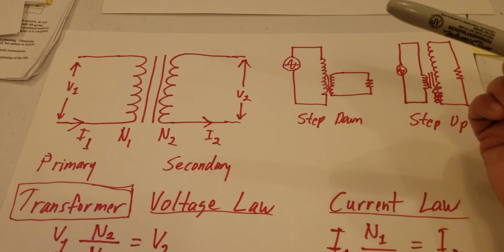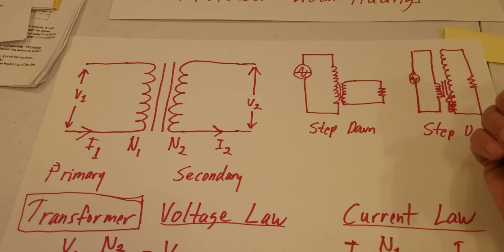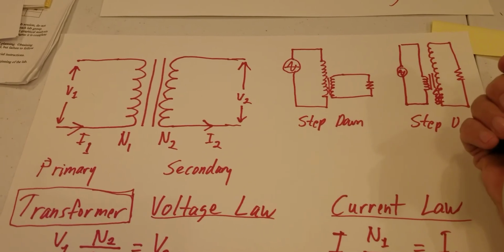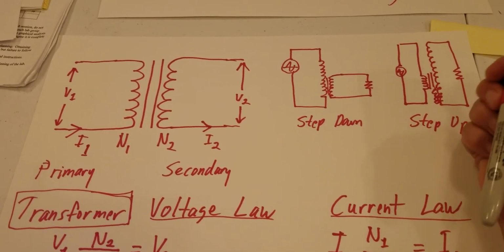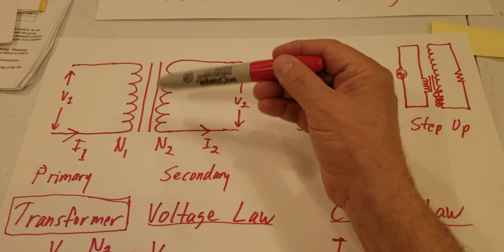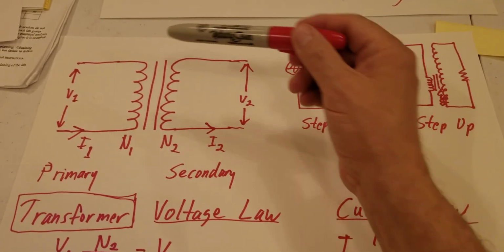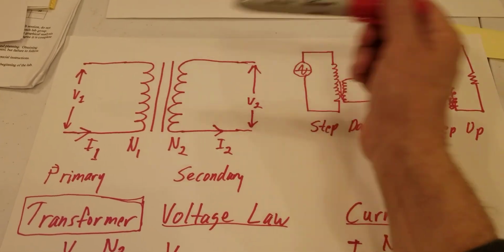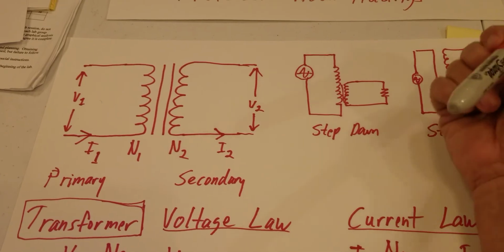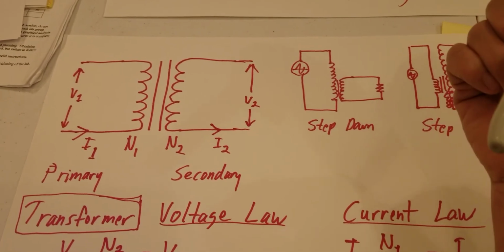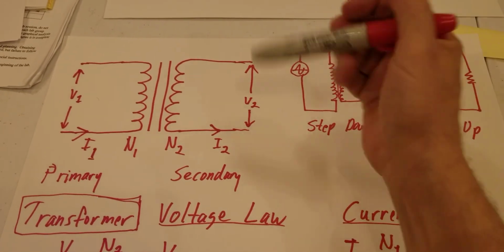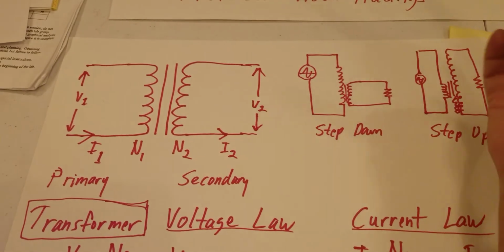So that's basically the combination of Faraday's law and Lenz's law. One of them induces a field, an electric field, and the electric field then induces a current on this side. So that's Faraday.